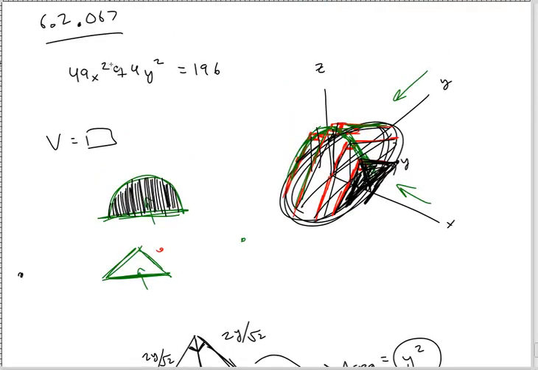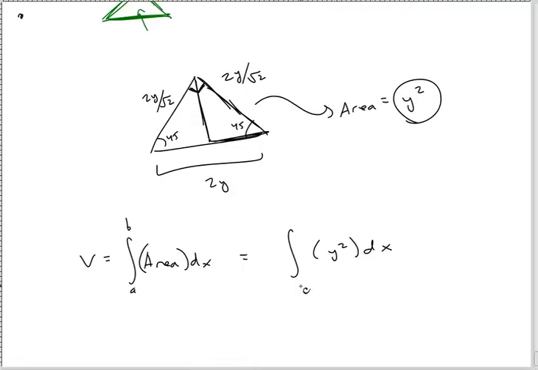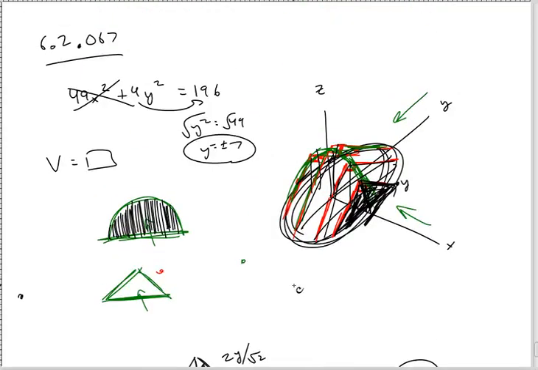Well, to find the y values, you set your x equal to 0 and solve for y. So y squared is equal to 49. Square root both sides, and then you get plus or minus 7. Okay, so we're technically going from negative... Hold on.